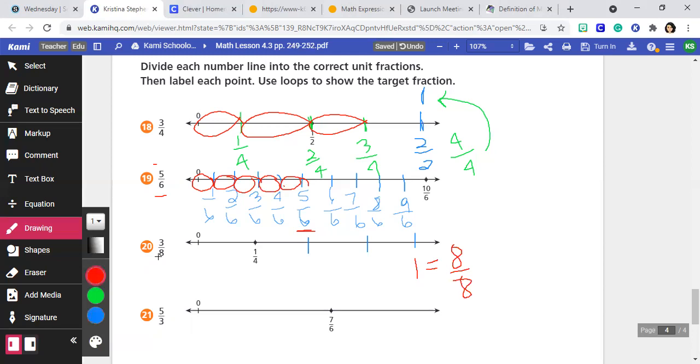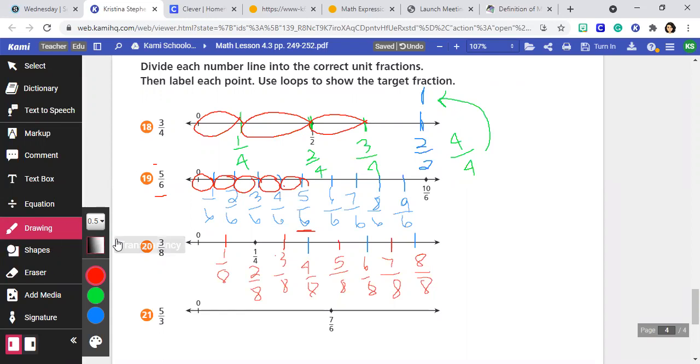So I'm going to go in and add some lines in there to make 8 equal sections. Okay, so I've created 8 equal sections, not 4 equal sections, because my target fraction is 3/8. I've labeled them 1/8, 2/8, which is also 1/4, 3/8, 4/8, 5/8, 6/8, 7/8, 8/8, which is also where our 1 is.